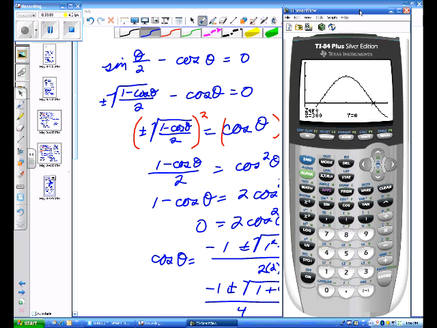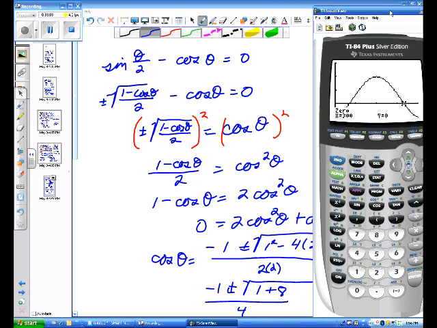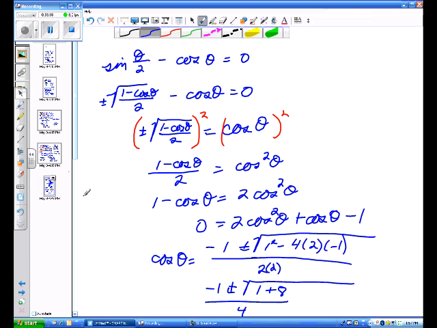Now the other way that we could have done this to check it is we could have solved one side. So we could have had the sine of theta over 2 equals the cosine of theta.